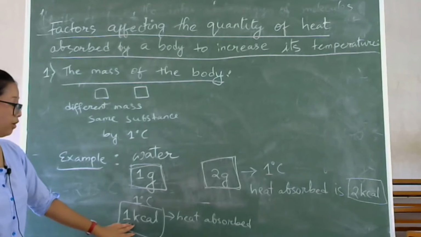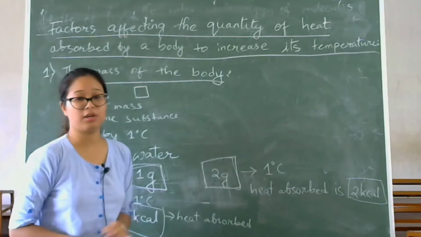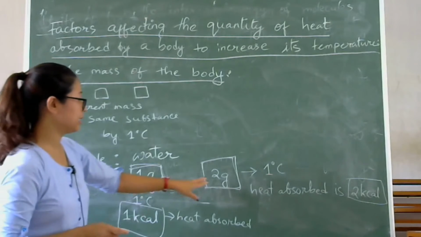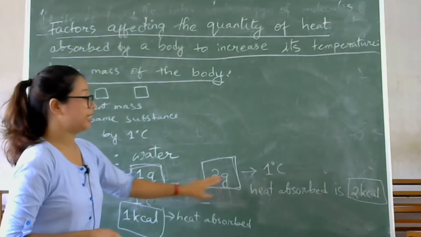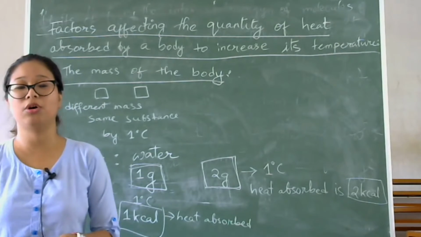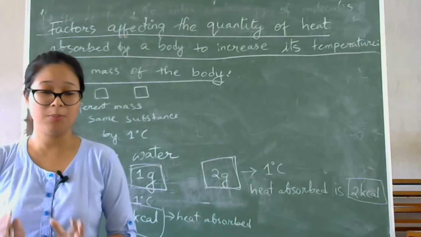One is 1 kilocalorie and the other is 2 kilocalories. So from here, what do you see? As the mass is increased, the heat absorbed will be increased. That means the more the mass, the more heat absorbed by the body.